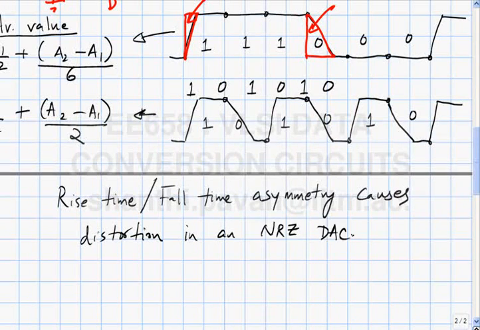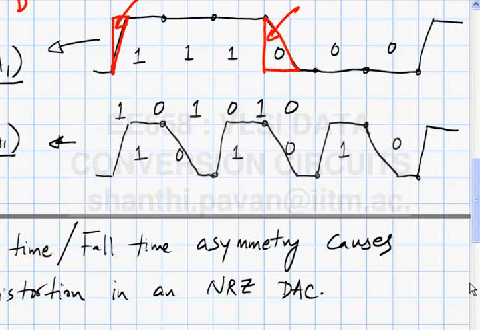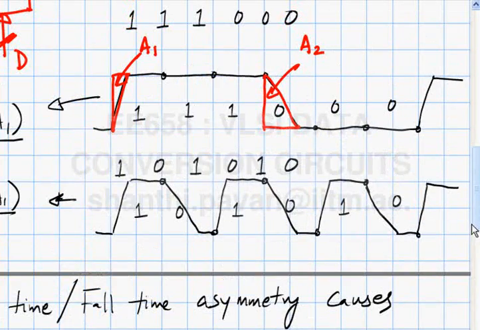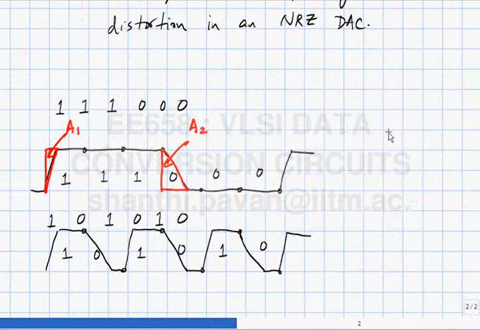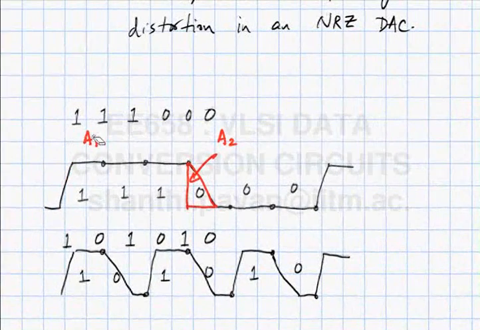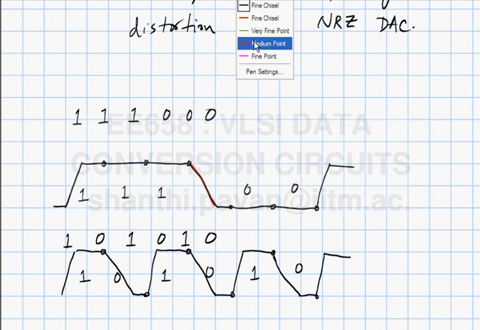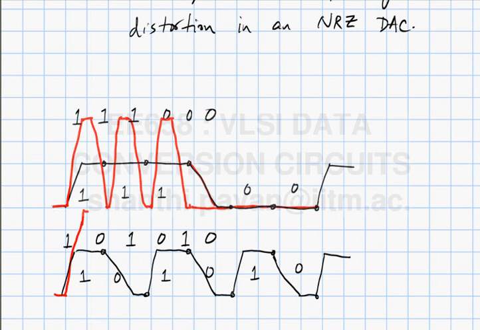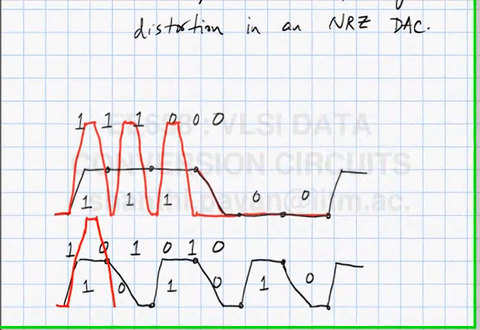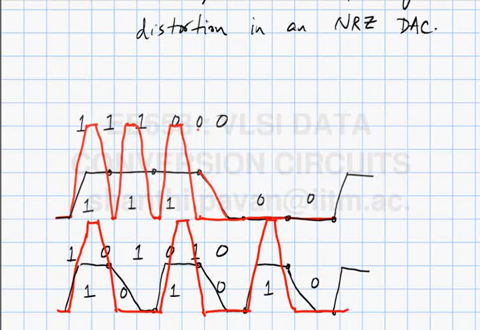Let's see what happens quickly when you have a return to 0 DAC. So this is what you would get for an RZ DAC.